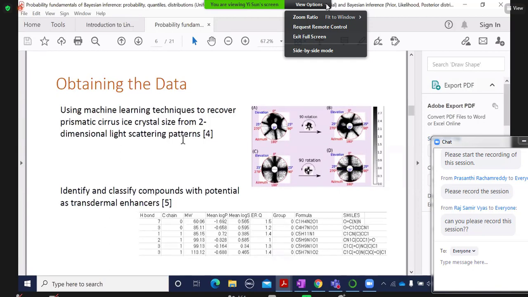Better understanding of cloud particles is essential for the understanding of present climate and climate change. So here we wish to derive single particle properties, for example, the size, from their 2D scattering pattern images. So from each of these images, we can derive a single property for each particle. The last example here, this is a structured data set.